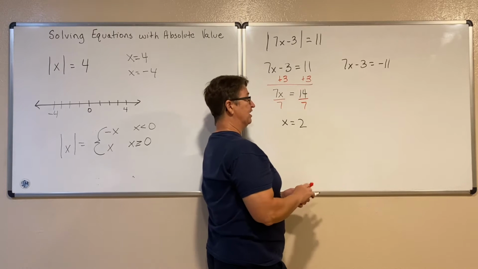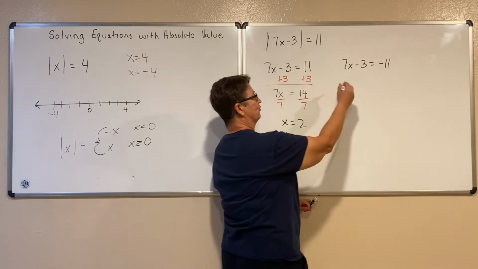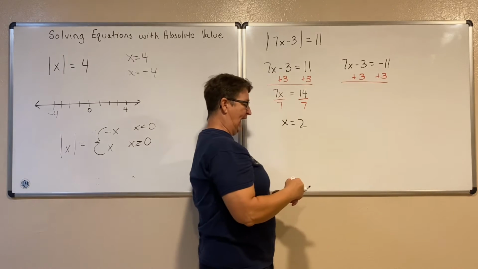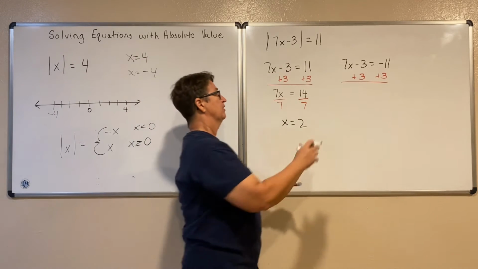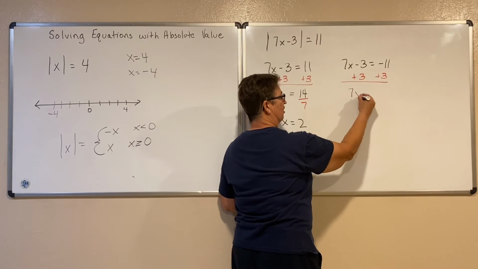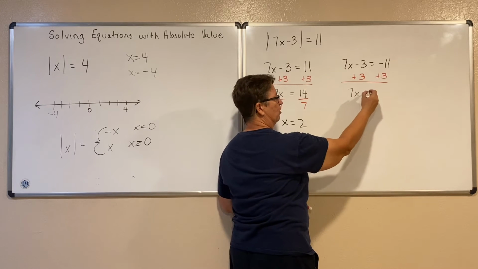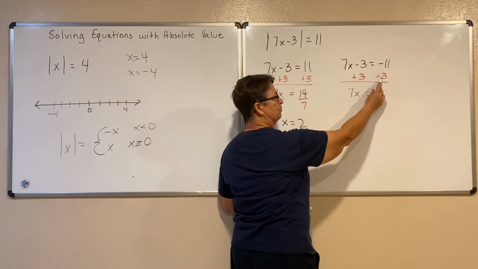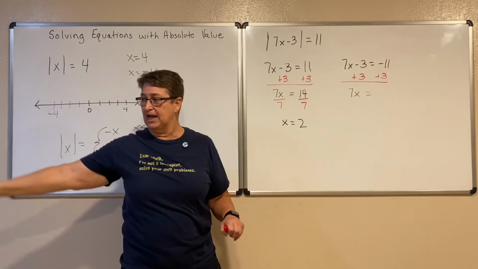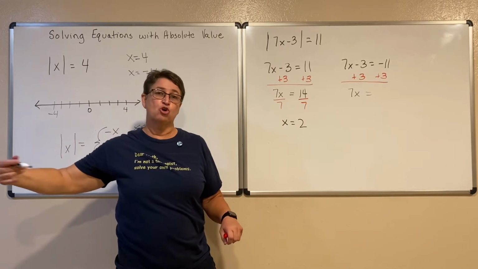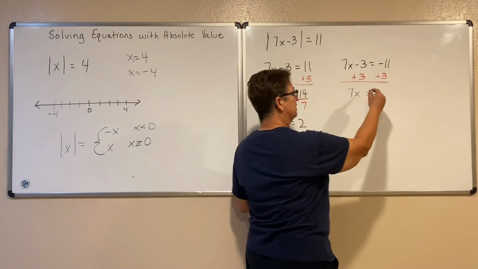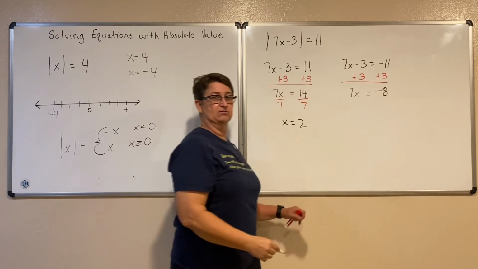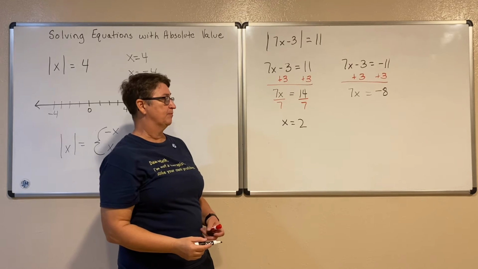I'm going to go through these same steps where I add 3 to both sides. But notice this time when I add 3 to both sides, I end up with 7x on the left, just like I did before. But on the right, I have a negative 11 plus 3. I walked in the negative land, but then I turned back around. So I end up still in negative land, but I'm only 8 steps in, because 11 minus 3 is 8.